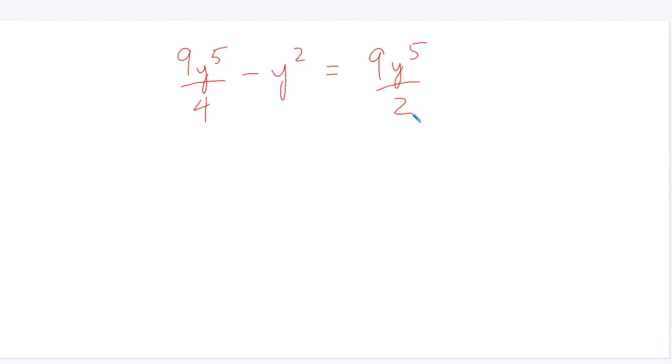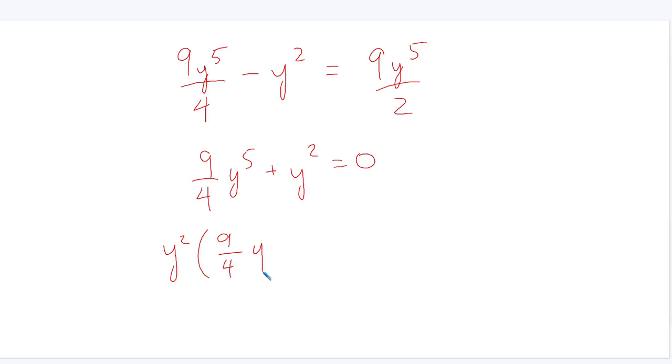If I just subtract the 9y to the 5th over 4 to the other side, I have 9 halves y to the 5th minus 9 fourths y to the 5th, which ought to be 9 fourths y to the 5th. And then we'll have a plus y squared equal to 0. We'll factor out the y squared, which gives us 9 fourths y cubed plus 1 is equal to 0.